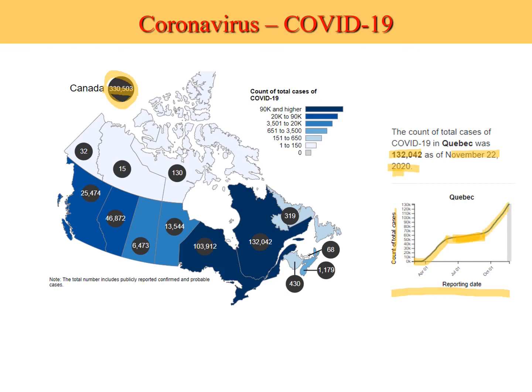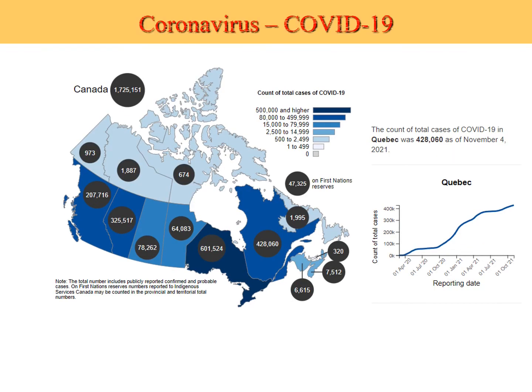This, of course, is November 2020. By November 2021, the situation was more peaks, more increases, and the cumulative number of total cases in Quebec had reached 428 by early November 2021.